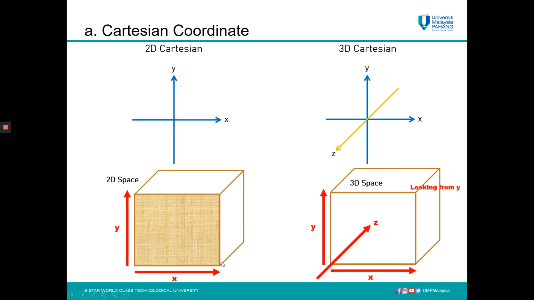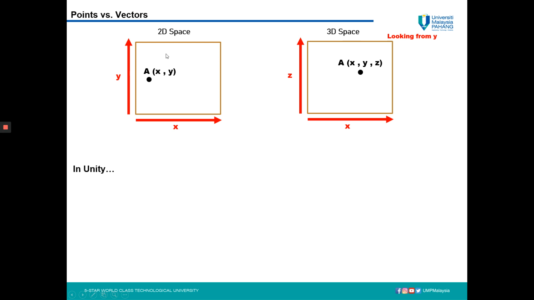But in 3D Cartesian, you work with another axis, the Z axis, and your space is a cube or cuboid space. In 2D Cartesian a point is xy, but in 3D Cartesian we have the x, y, and z coordinates for the points.